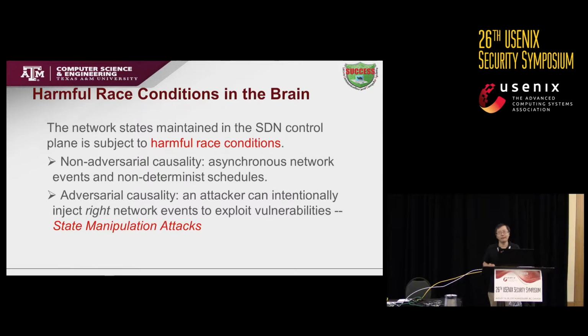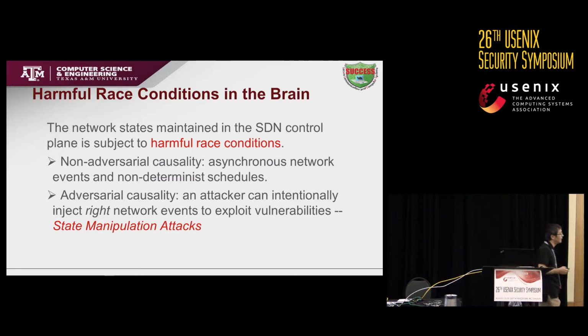Think about a networking operating system and the programming domain, right? It's not uncommon that we know race conditions can happen. In a networking operating system, it will obviously manage a lot of network state. And these states will be updated by different modules and applications, driven by different networking events, right? So this will cause a situation where you can see race conditions.